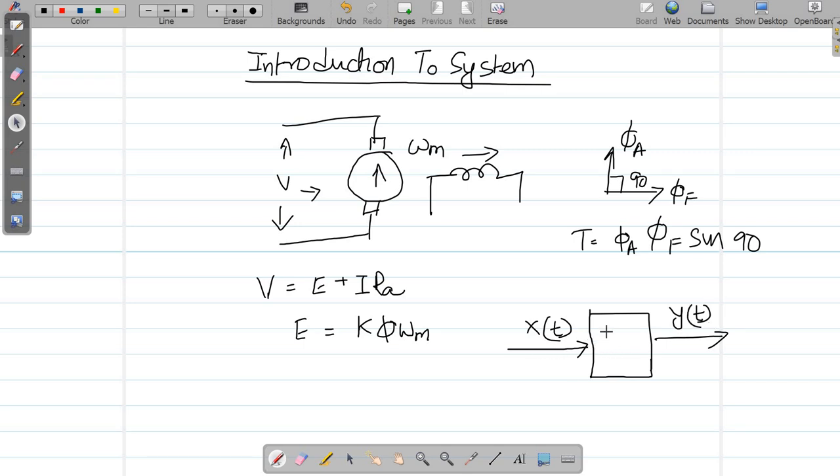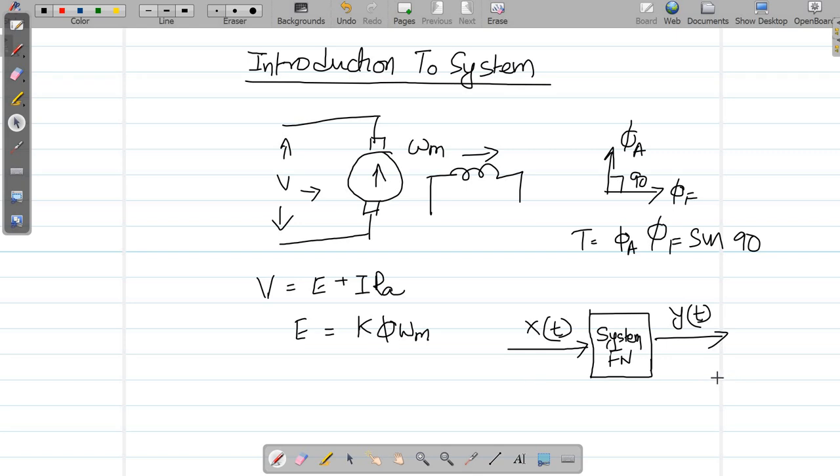So this block constitutes a system, and usually has a mathematical equation which is called the system function. So it has a system function or a transfer function. So this function, the system function or the transfer function, transforms the input into an output.